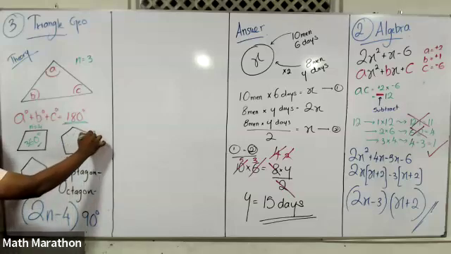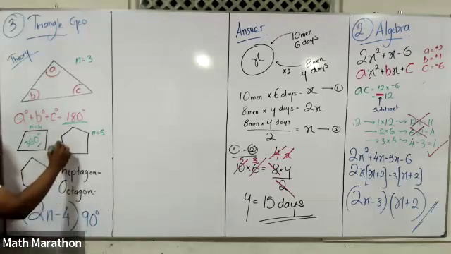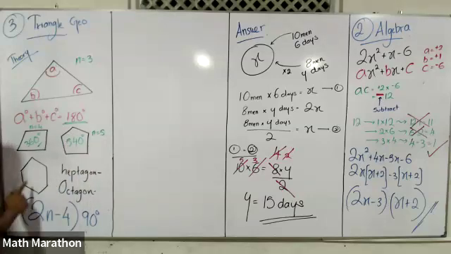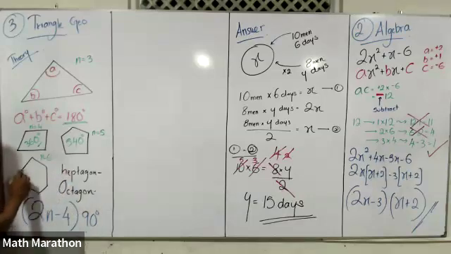Here, n is 5. 2 into 5, 10. 10 minus 4, 6. 6 into 90, 540. Here, n is 6. 2 into 6, 12. 12 minus 4, 8. 8 into 90, 720 degrees.